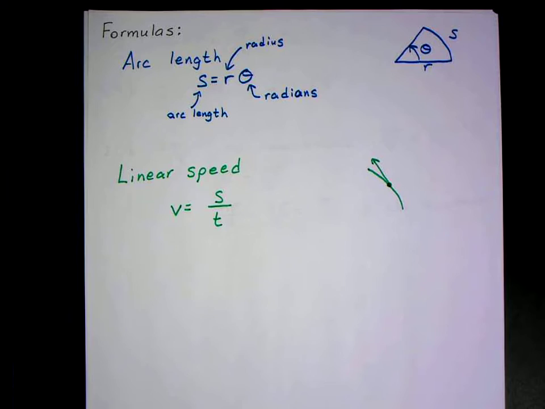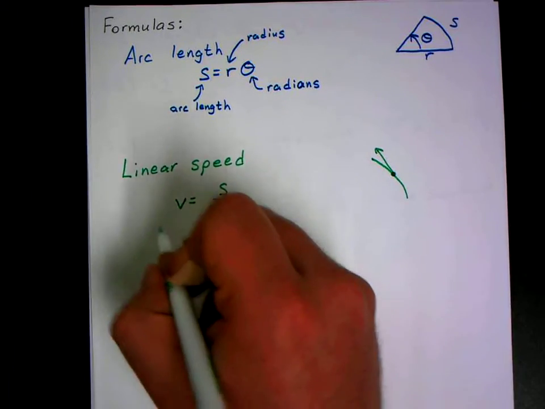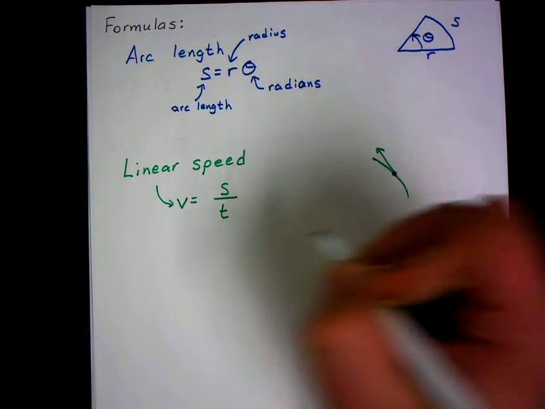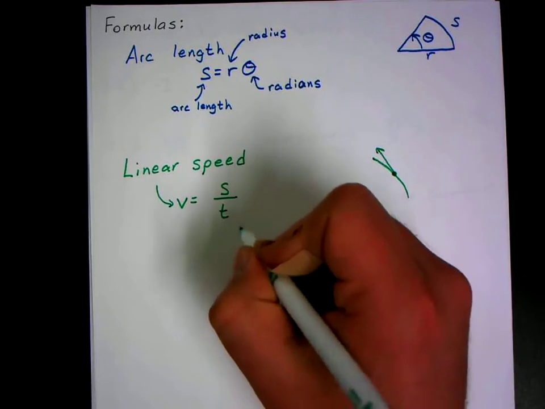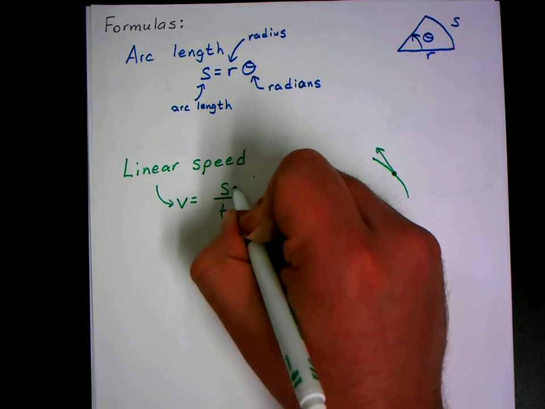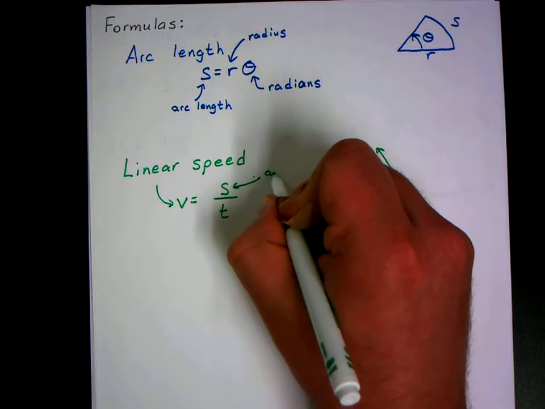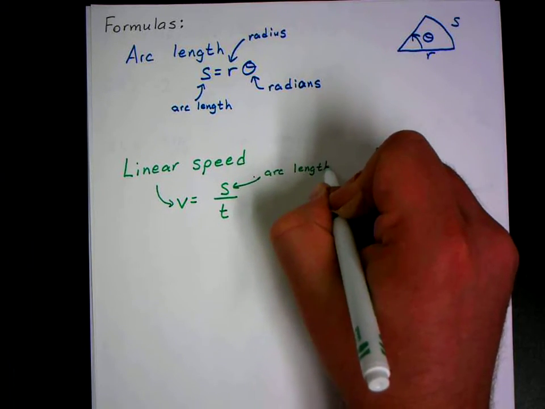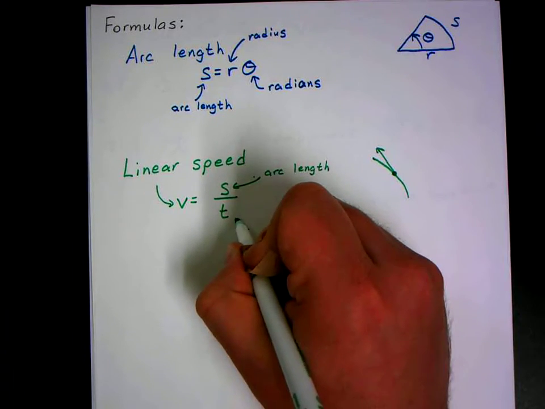Like if it's tied to a rope and suddenly the rope was cut and it just flew off in that direction, what would its speed be? So linear speed is v. S again is arc length, and t is time.